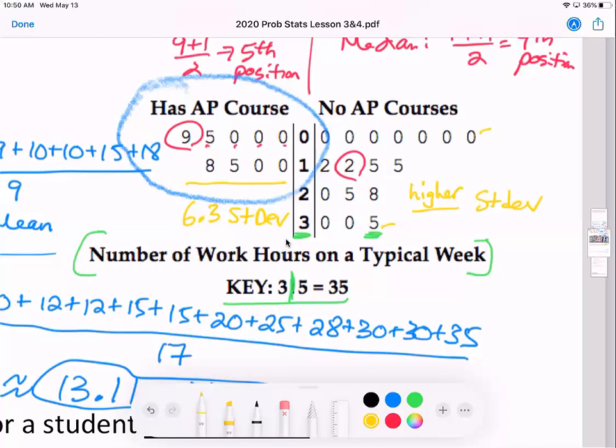So the question is, which dot plot has the most points far away from its mean? Well, these are pretty closely grouped together. These are pretty closely grouped together, but this one has a lot more spread away from the mean. So the highest standard deviation would be the second dot plot.